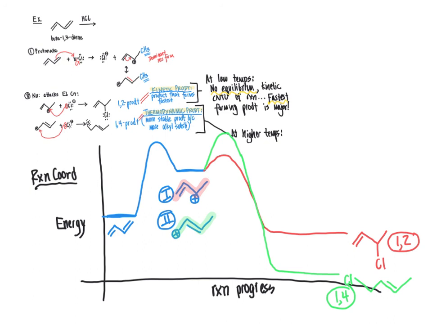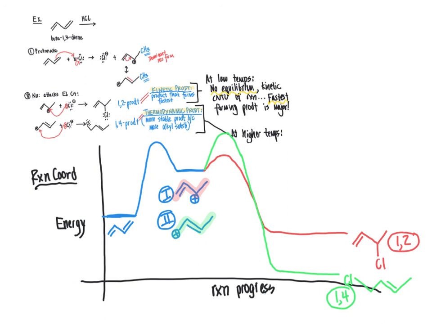And so generally what you're looking for here is if you're in a situation where your final products of these diene addition reactions have different stabilities, if the reaction is done at elevated temperatures, meaning greater than room temperature, it's going to favor the 1,4 product. If it's done at low temperatures, it's instead going to favor the 1,2 product.